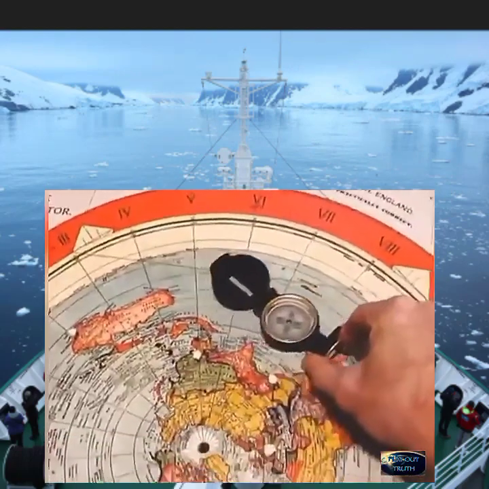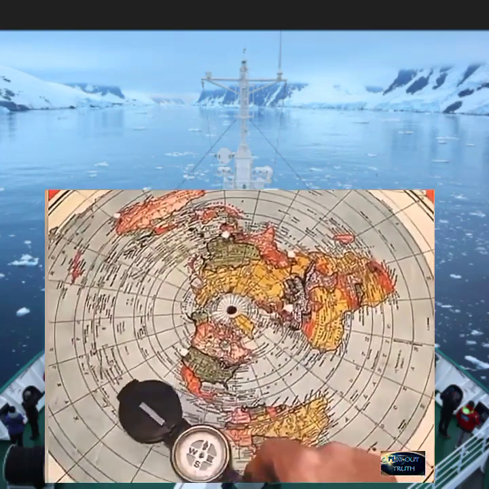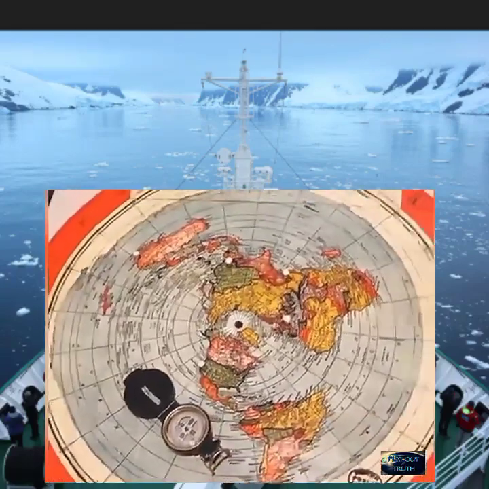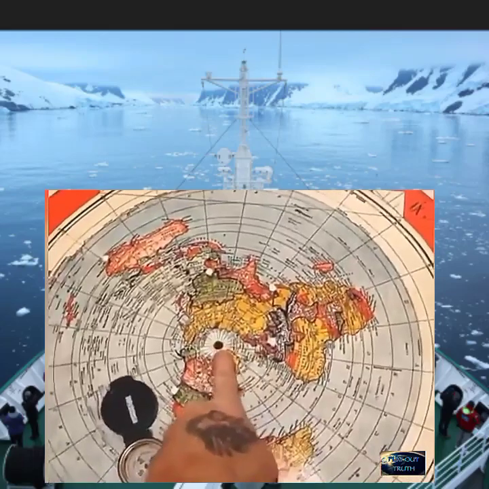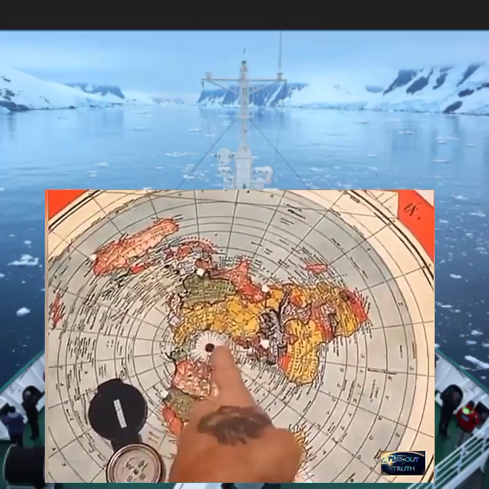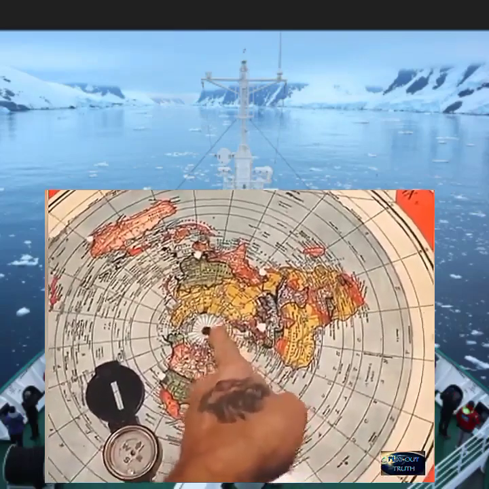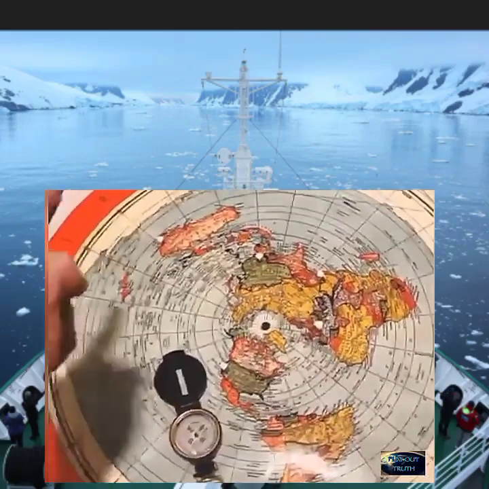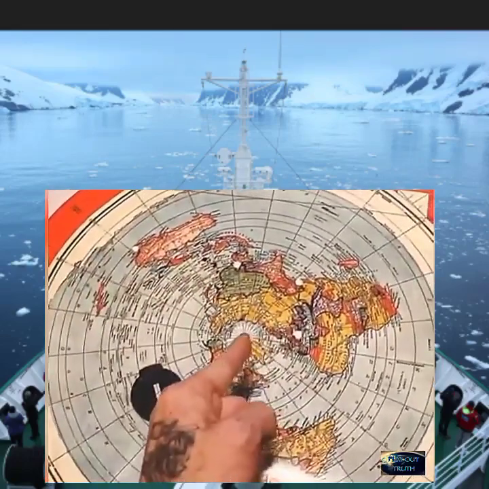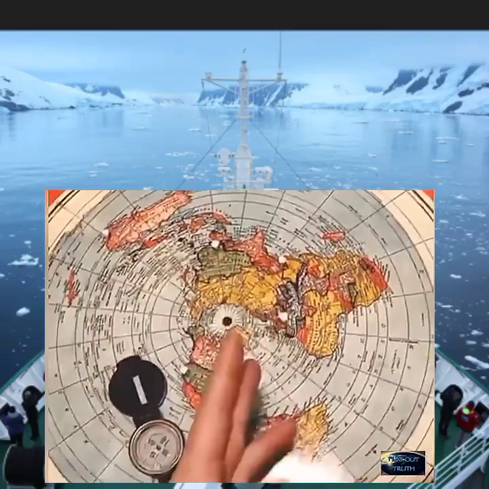You can look it up yourself. We can only circumnavigate the earth from east to west. Nobody ever in history has ever circumnavigated the earth north to south, which means if you start here in the North Pole, you cannot circumnavigate back to the North Pole by flying over the south, because there is no south.